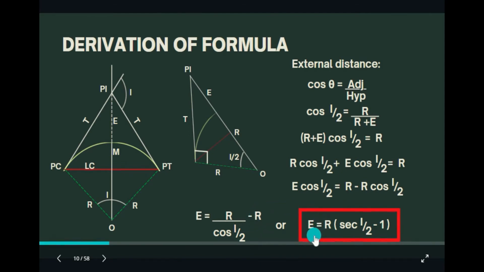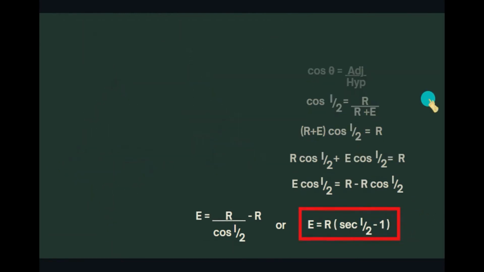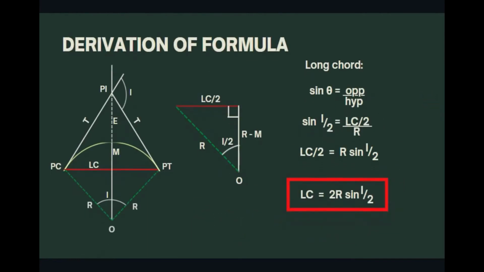So therefore we can say that the external distance is equal to R (secant I over 2 minus 1).